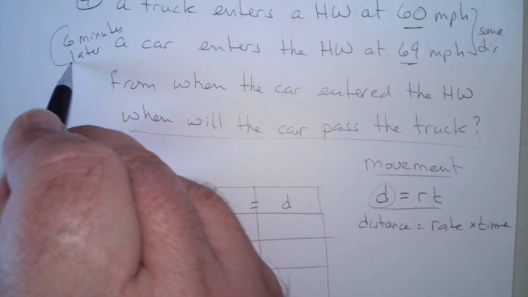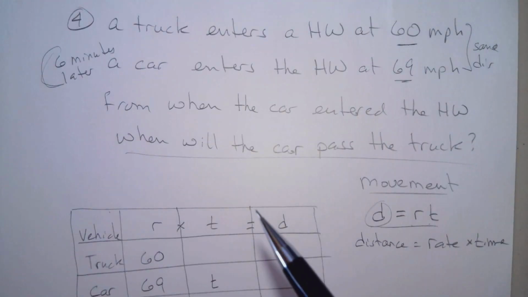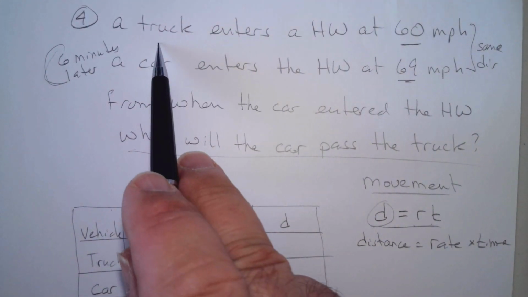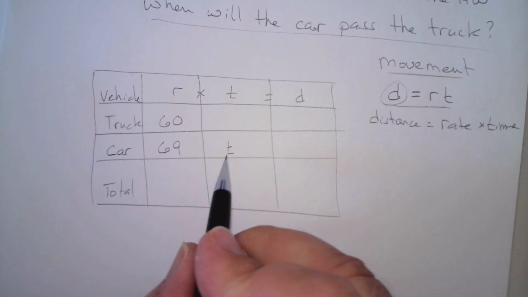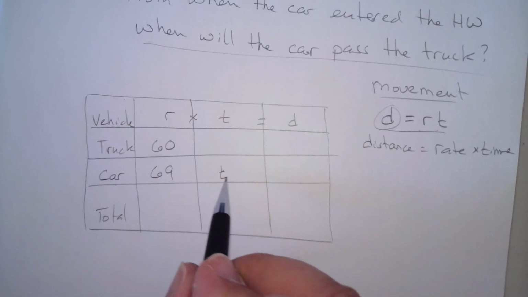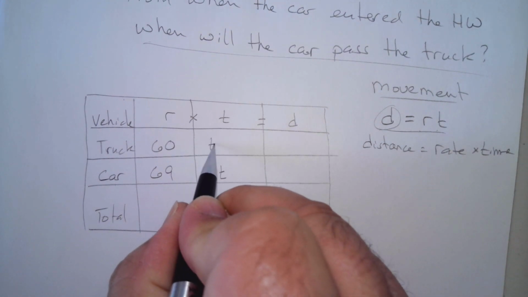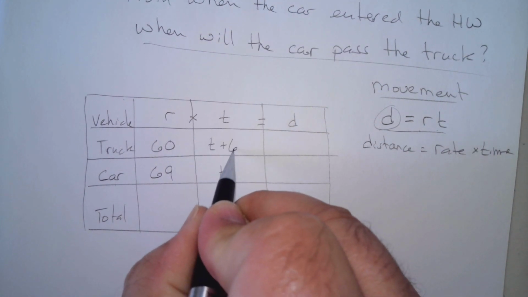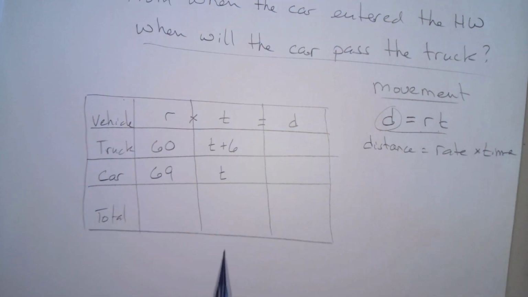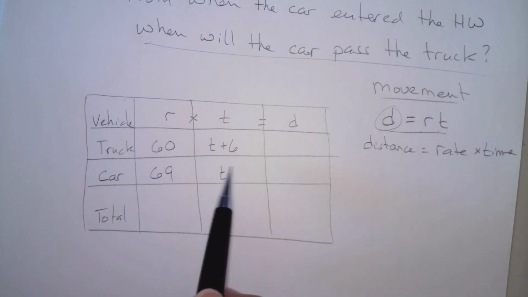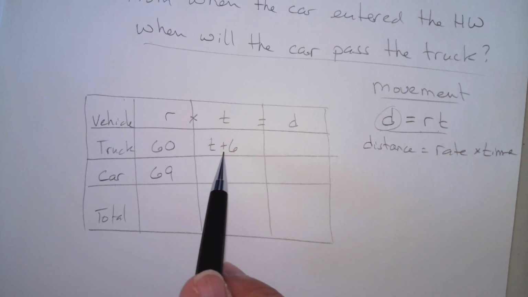So this is important because they both can't enter this highway at the same time. So the truck enters first, 6 minutes later, a car enters. So the car enters at t, whatever time that is, but from that time, the truck has already been moving for 6 minutes. So whenever the car gets in there, the truck's 6 minutes ahead.